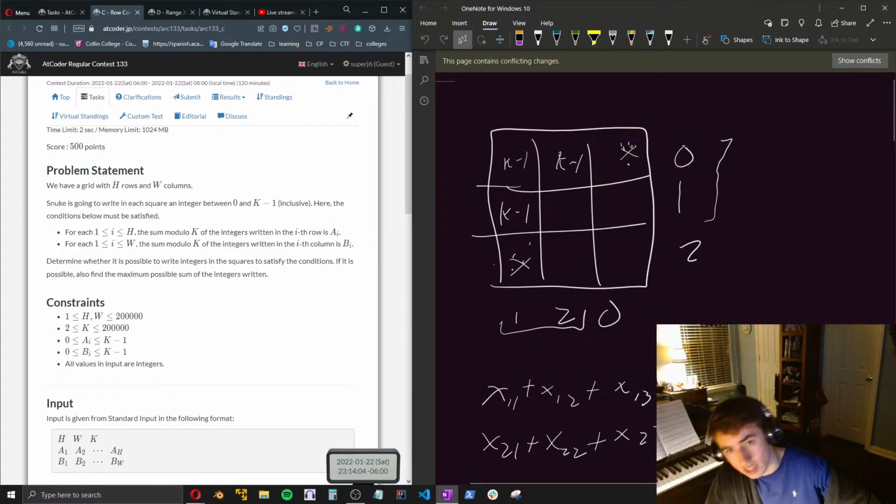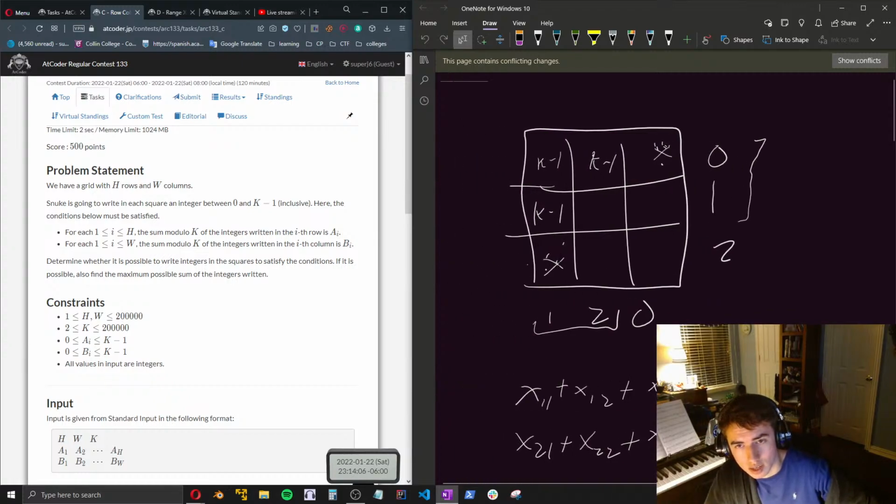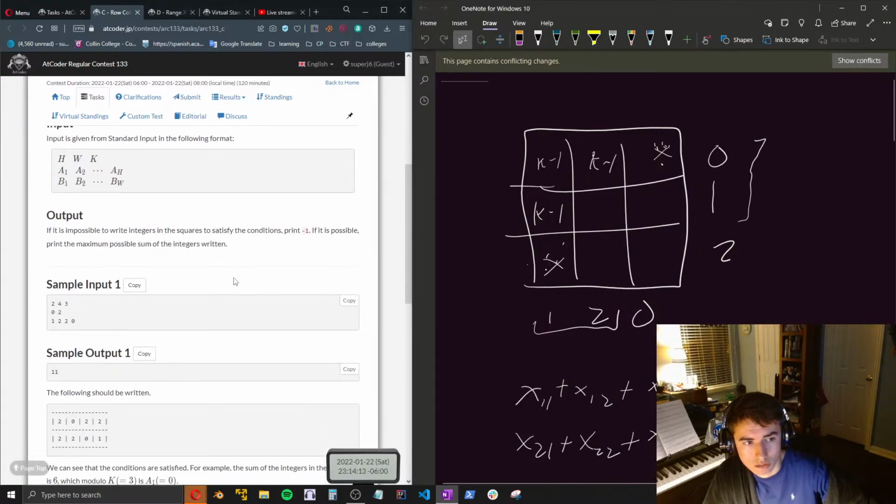Well, if we decrease k, how much can we increase x? K minus 1. Is it ever best to not do k minus 1 for all of it?